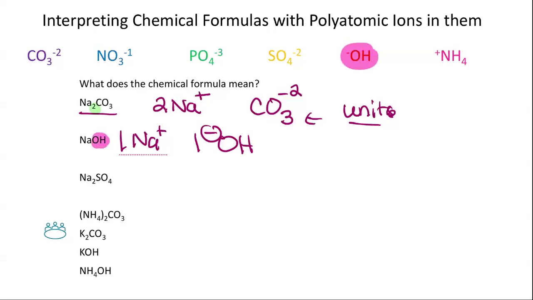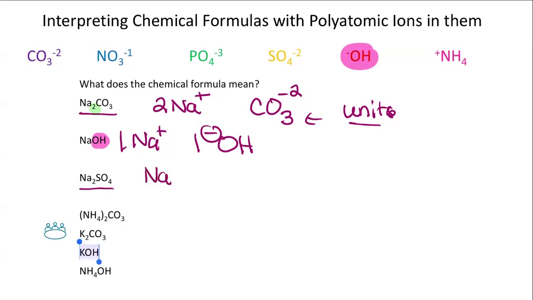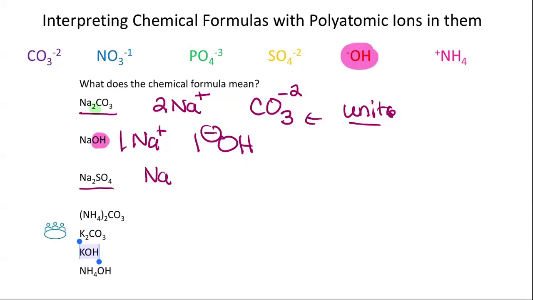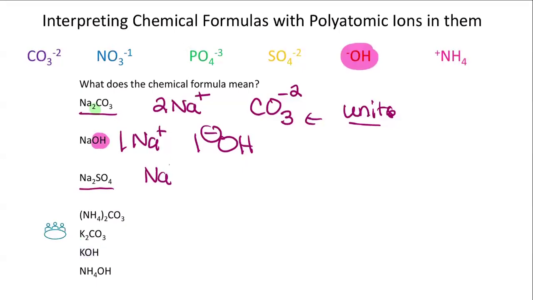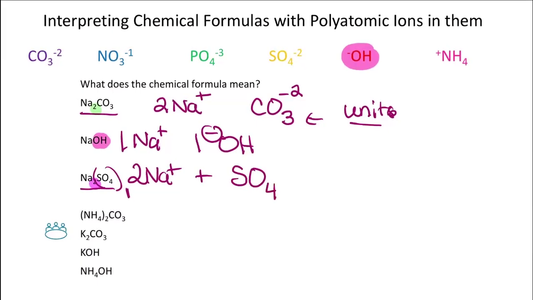Okay, let's do sodium sulfate, Na2SO4. Again, we know sodium is a plus, and the subscript tells me that there are 2. I have this whole sulfate unit, and it didn't tell me that I have 1, but I know I only have 1 because it didn't specify more.